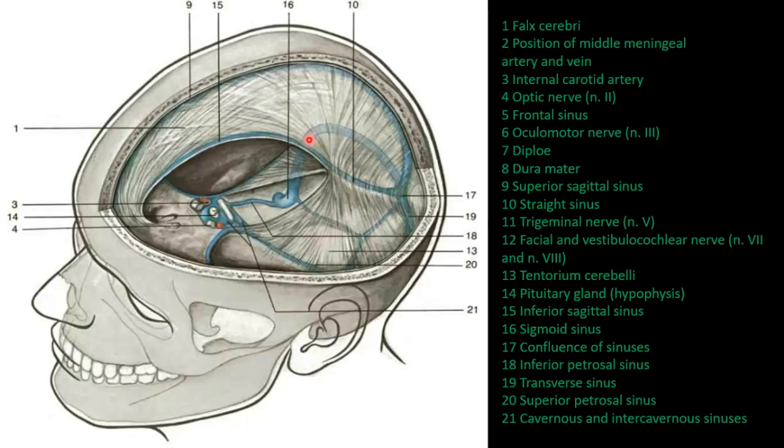So it usually joins at the end of the transverse sinus and at the commencement of the sigmoid sinus. That is where the superior petrosal sinus will join. Then the inferior petrosal sinus will join at the end of the sigmoid sinus and at the commencement of the internal jugular vein. Okay. This is the confluence of sinuses, and I want you to go and look at the other name of the confluence of sinuses.